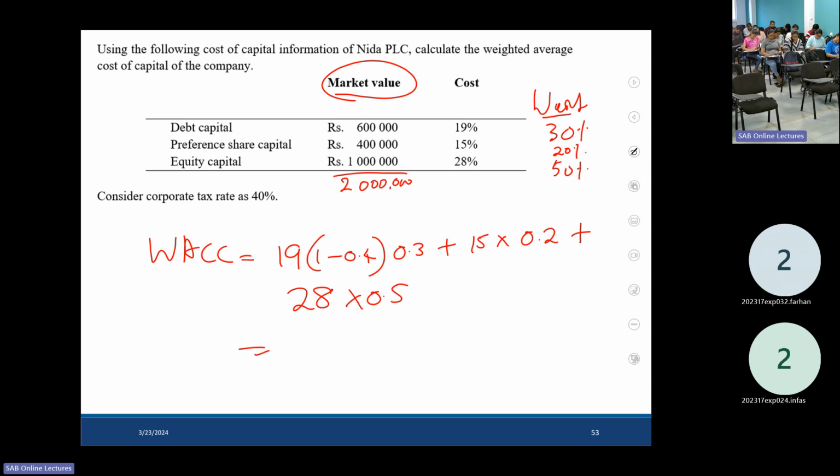So this is the weighted average cost of capital, which is 20.48%.